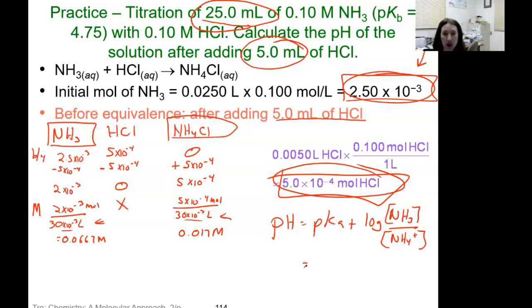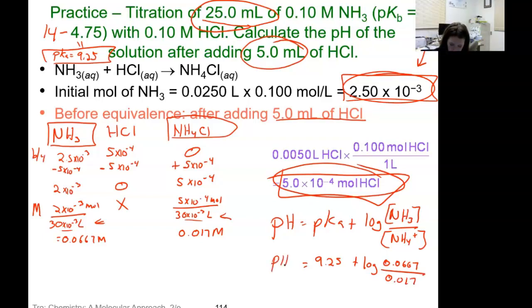So if we do this, and I'm just going to do it with pKa because I've already done this with pKa, we have 9.25. So how did I get this? I just took 14 minus this, and that gave me 9.25 for my pKa. So 9.25 plus the log of our NH3 over NH4.